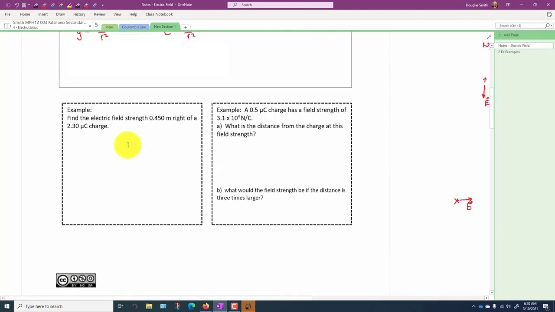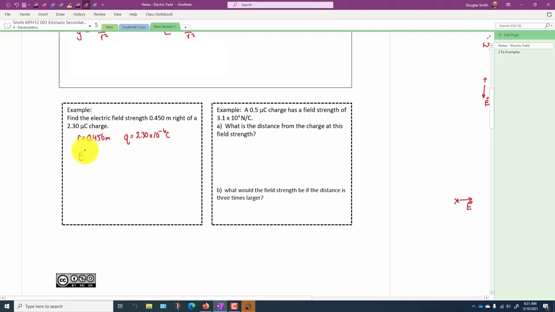Do a couple of problems here. Find electric field strength 0.45 meters to the right of a 2.3 microcoulomb charge. So we have R is 0.450 meters. Q, little q would be a Q, I don't think it really matters. 2.3 times 10 to the negative 6 coulombs.